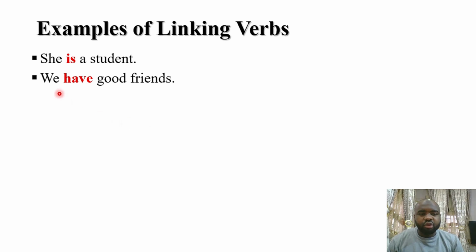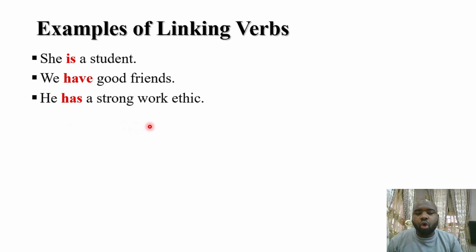Another example: we have good friends. Have is also connecting we with good friends. Have is an auxiliary verb, but here it performs the function of a linking verb, only connecting the subject with the subject complement. Another example: he has a strong work ethic.